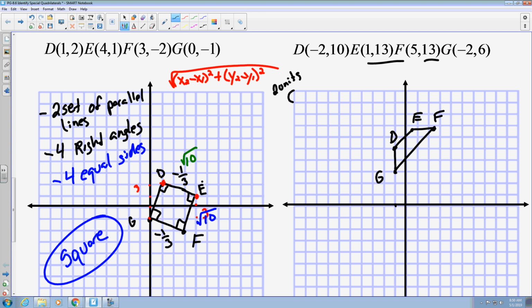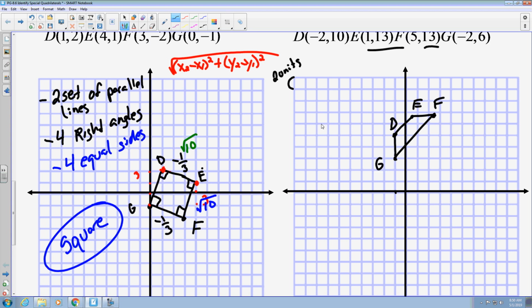To find the slope of DE, it's going to be 13 minus 10 over 1 minus a negative 2. So this gives me 3 over 3, which gives me 1. So now I'm going to look at GF in this case.